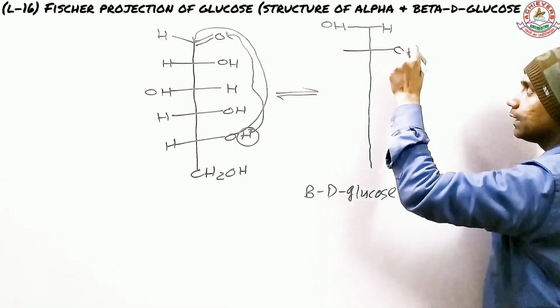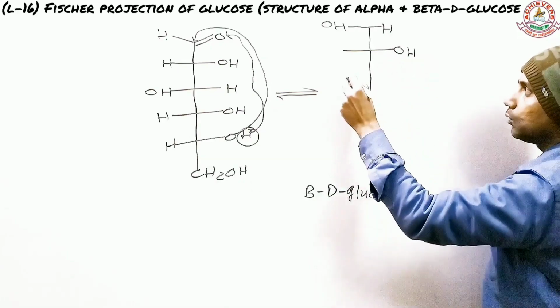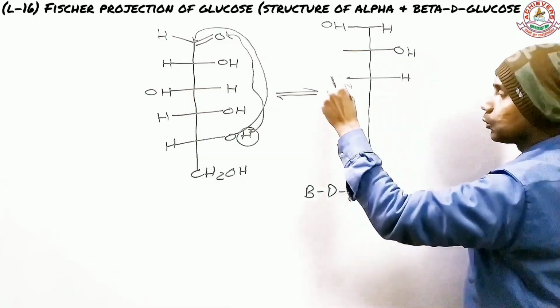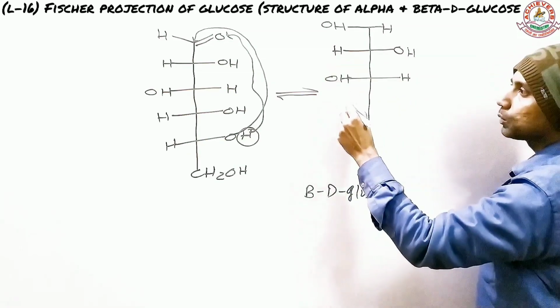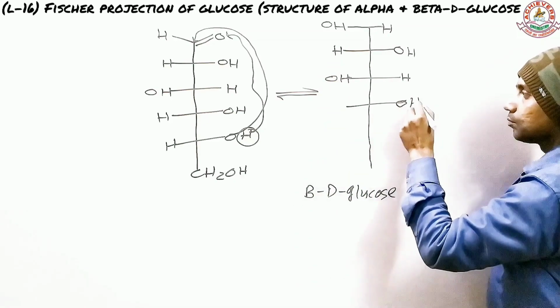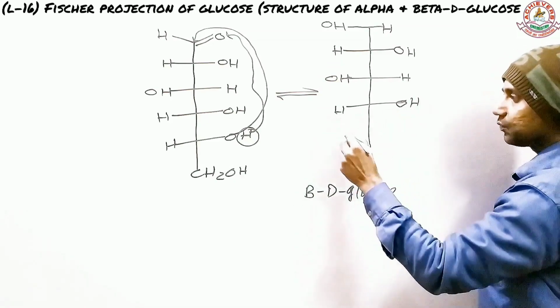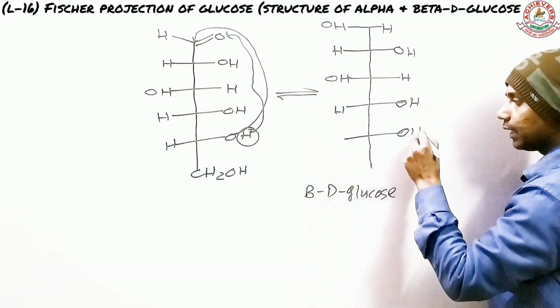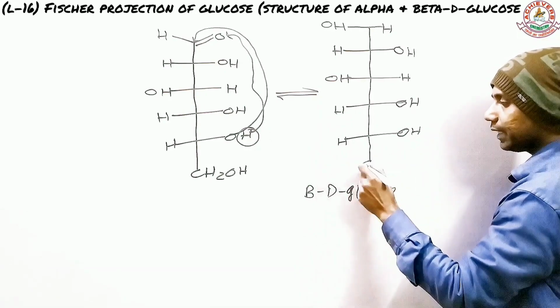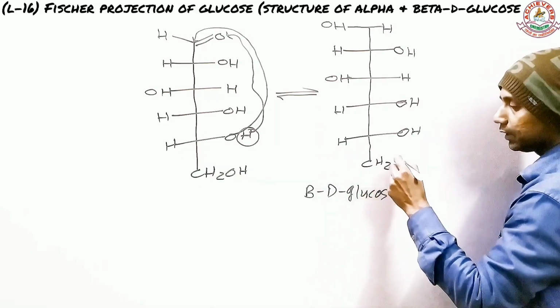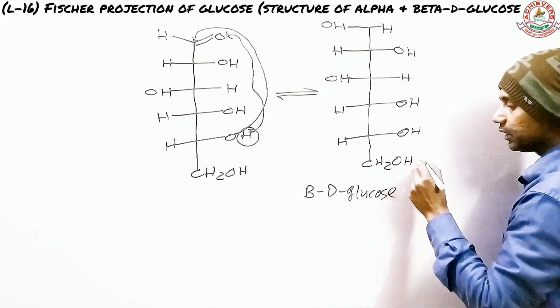So you have your OH here, and you have again your H here, and this OH is right here on the left hand side. There you have your H again. This fourth one is again OH, and there you have your H, and this fifth one has OH on the right hand side, and the last one is not changing at all, so this is in the form of CH2OH.